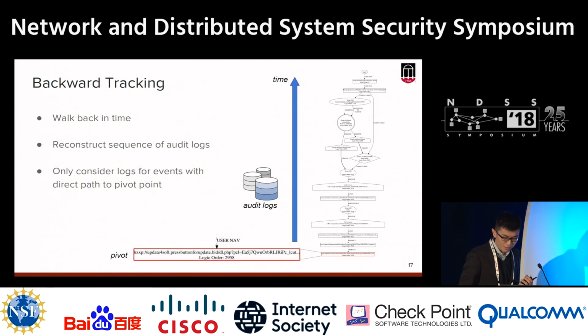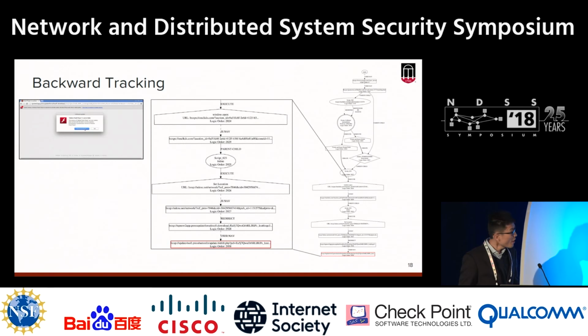Here we only consider logs for events with a direct path to the pivot points. For example, here we can see how the new window was opened by JavaScript using window.open, how the JavaScript performed the navigation using location.replace, and eventually redirected the user to the malware hosting page.